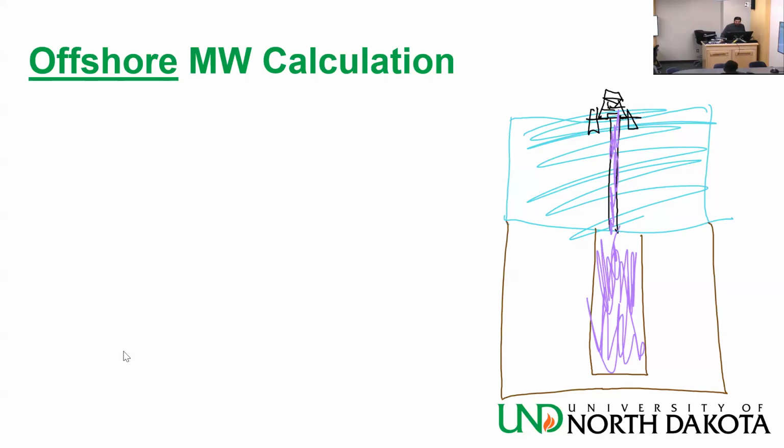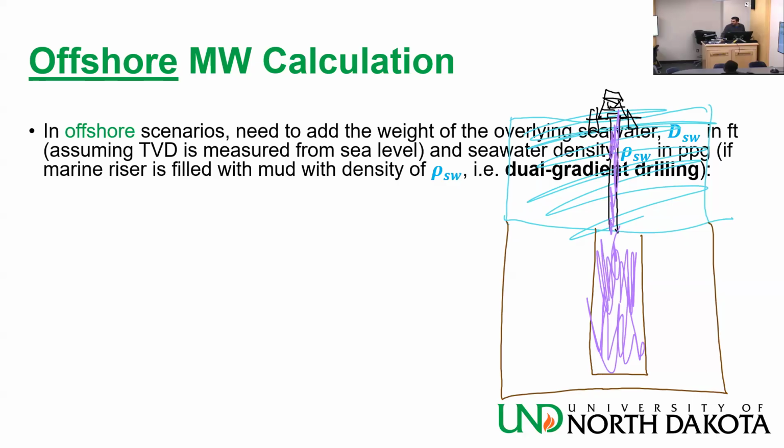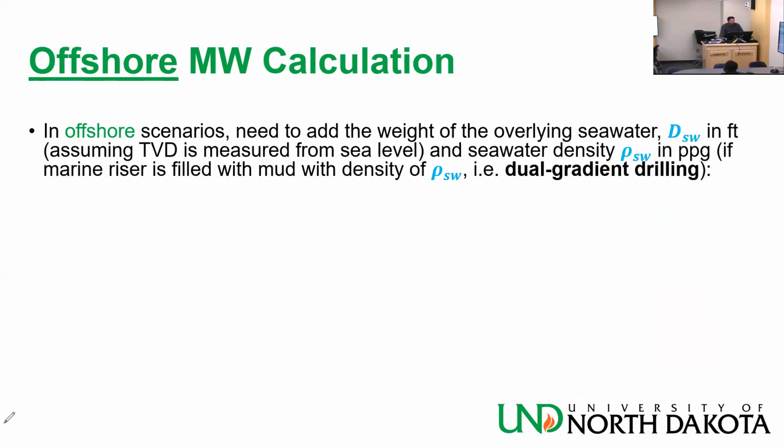So let me erase. So what happens here? In offshore scenarios, you need to add the weight of the overlying seawater. Let's just say the depth is DSW, the depth of the seawater. Is this true vertical depth or is it measured depth?